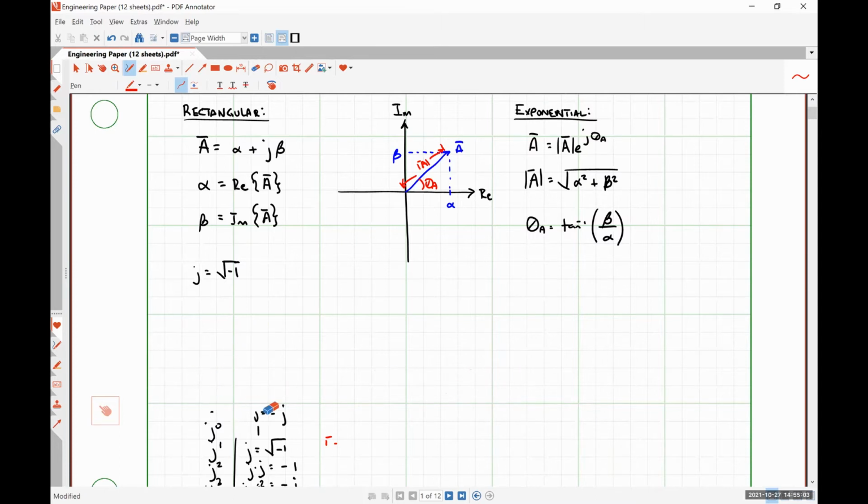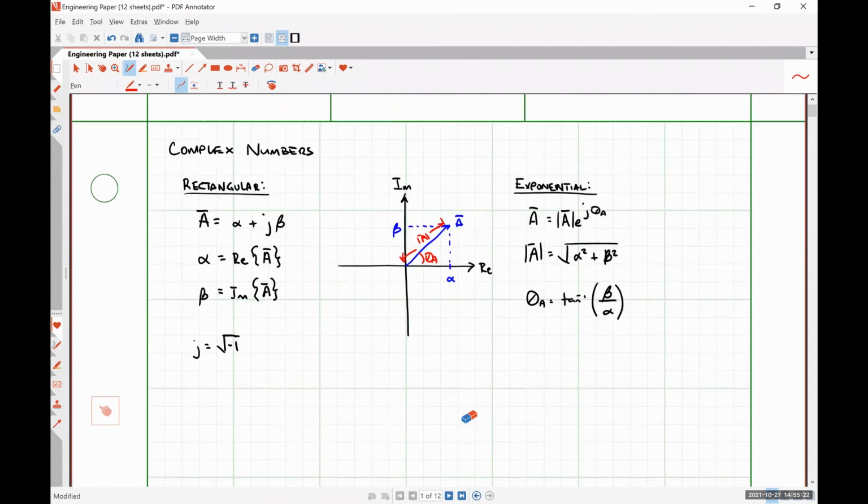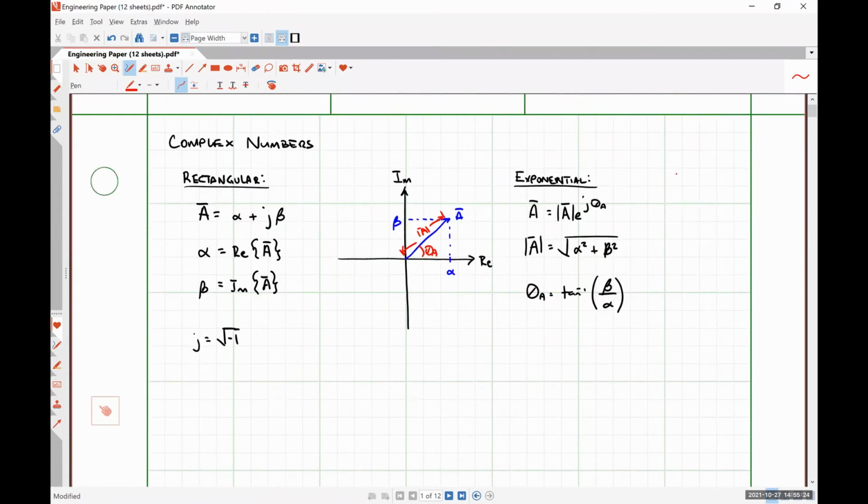We have learned two equivalent representations of complex numbers to this point, the rectangular form and the exponential form. I'm about to introduce a third, and it is what's called the polar form. And it is overwhelmingly what electrical engineers use. All right.